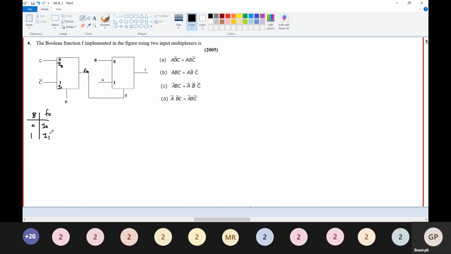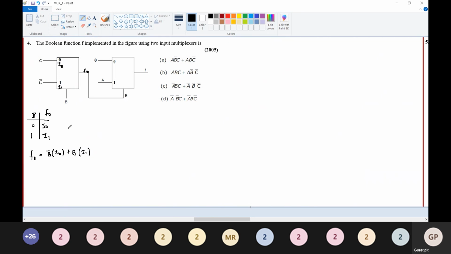As we already discussed in the previous problem, the Boolean expression for a 2:1 mux can be written as F0 equals B dash into I0 plus B into I1.